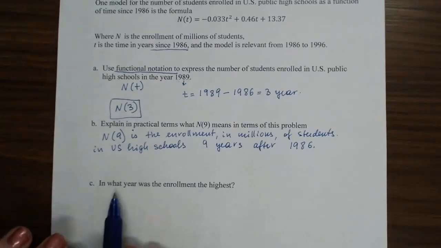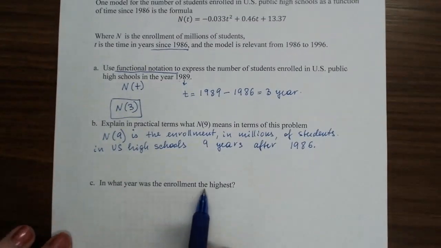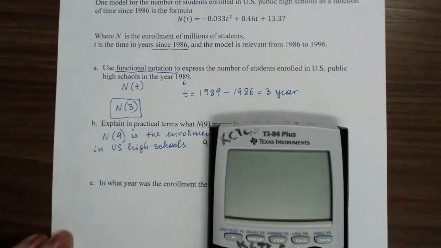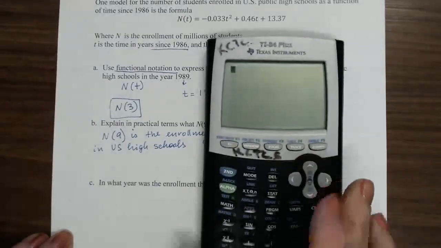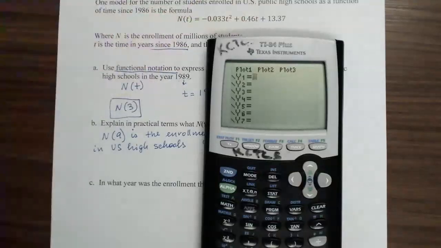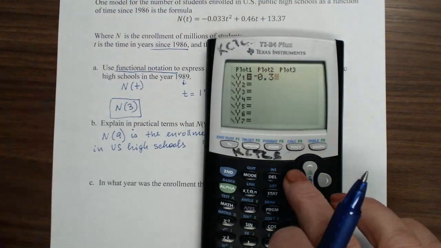In what year was the enrollment the highest? To answer this question, we need to use a calculator. So press on y equal to. We will type this equation in.